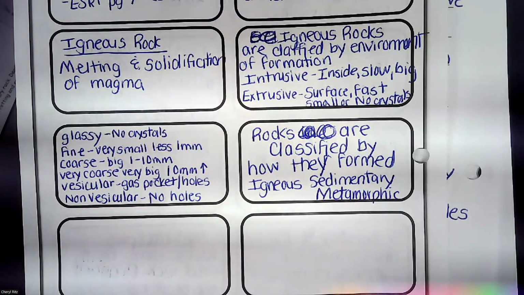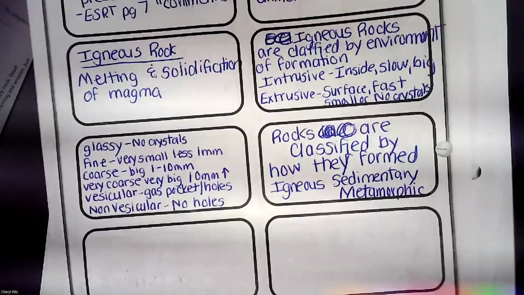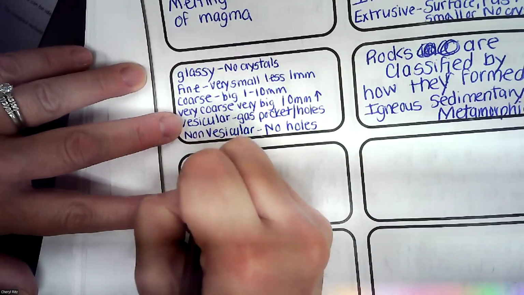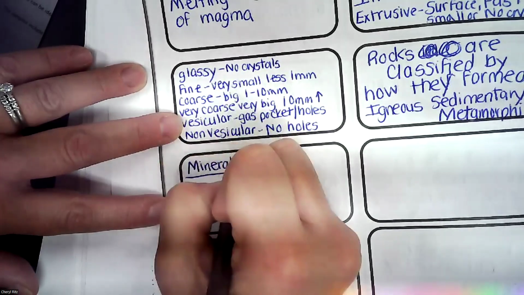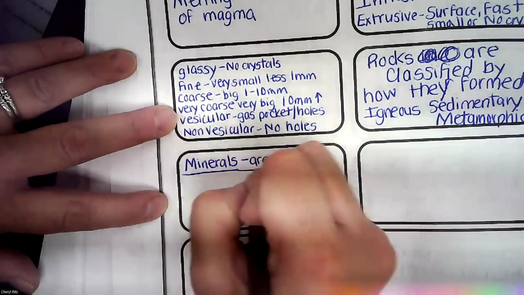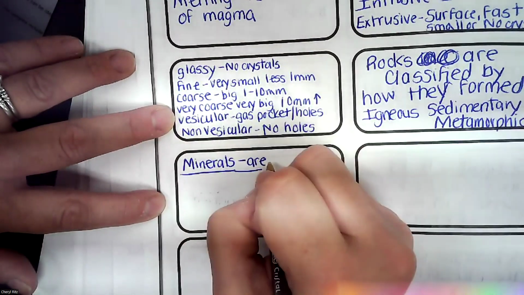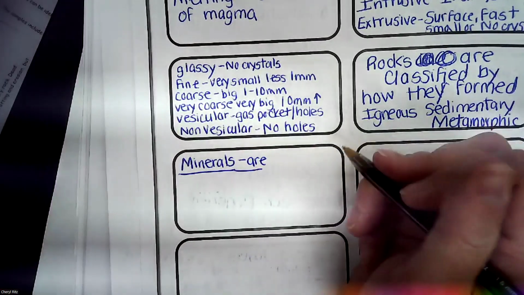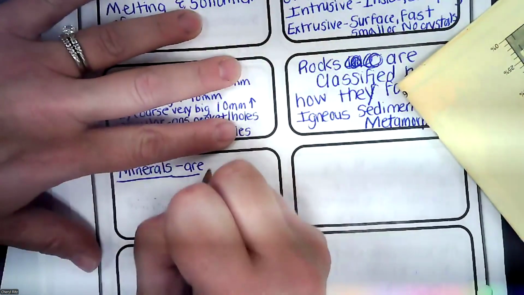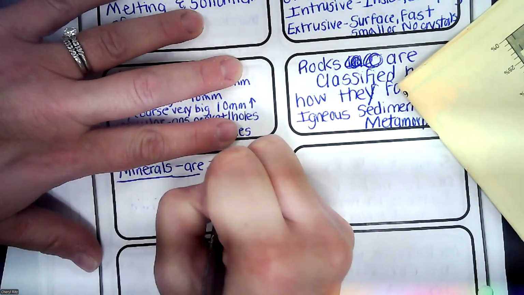We started this chapter off at what seems like forever ago with minerals. And the very first time we looked at minerals, we did a 5-part definition. Minerals are, what are they? What do they have to be a mineral? Hopefully this comes back. They can't be organic. They got to be inorganic.